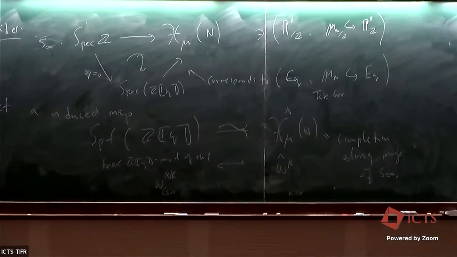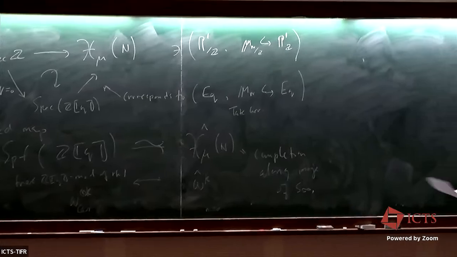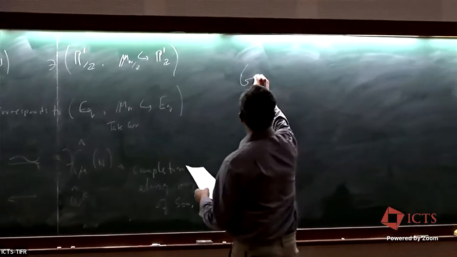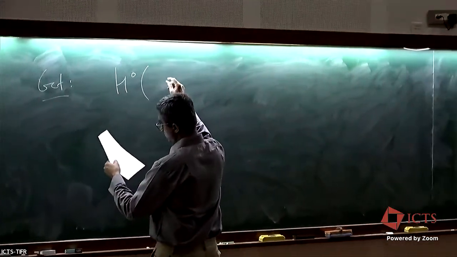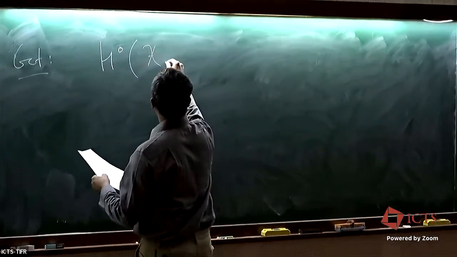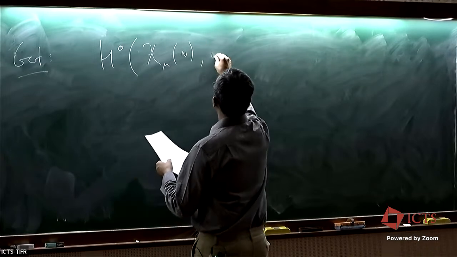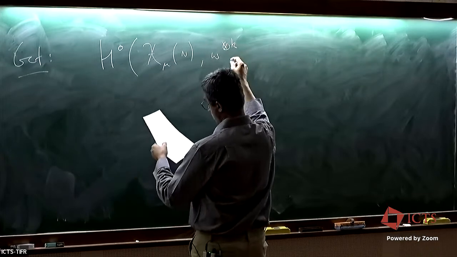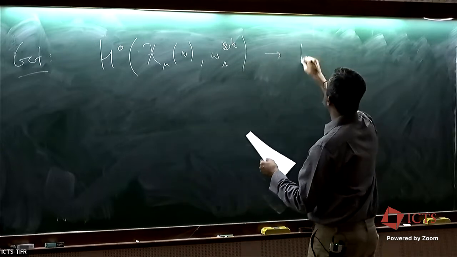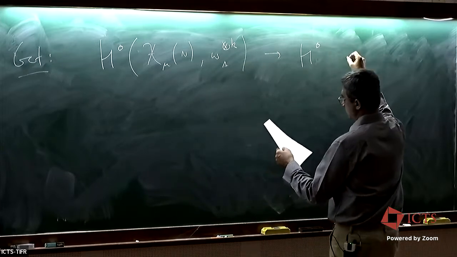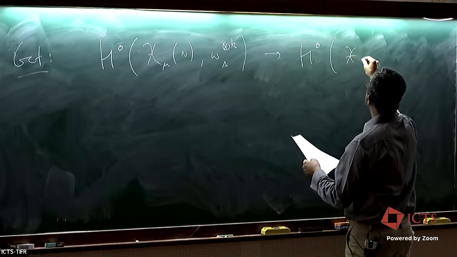So from this, we get the expansion map. Modular forms were just sections of this bundle. Let's work over A again. Sections of this line bundle over the formal completion.